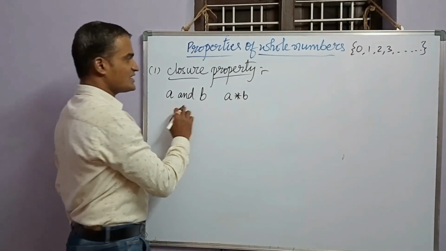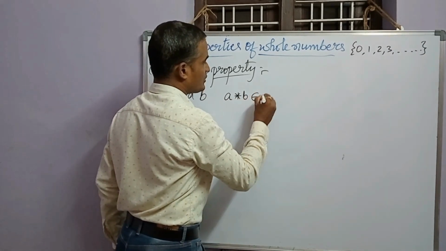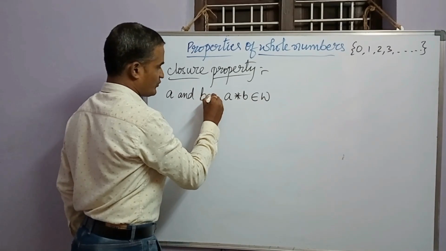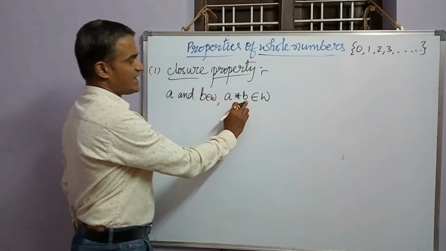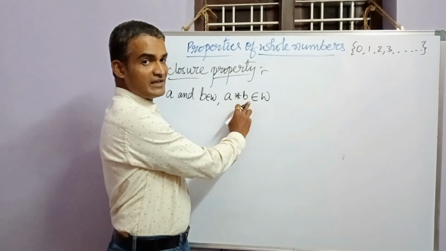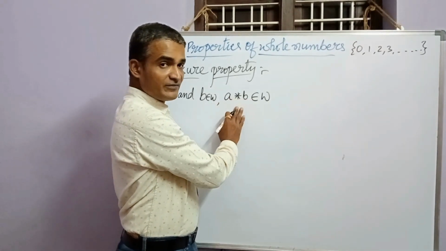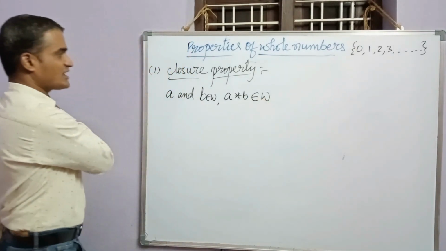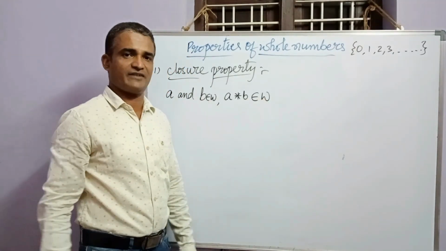If the result belongs to the same whole numbers group, then we can say the closure property is satisfied.